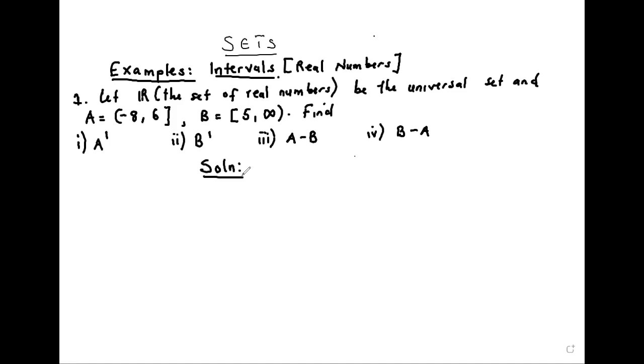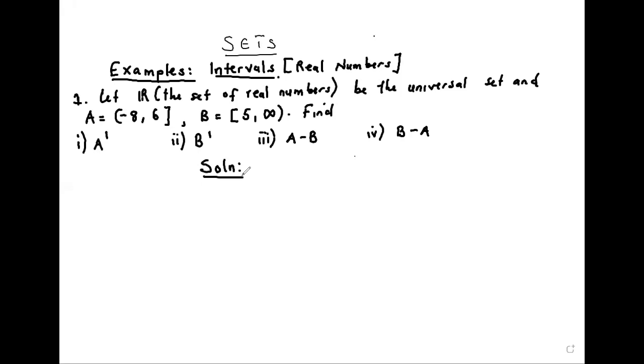We are told that R, the set of real numbers, is acting as the universal set for sets A and B. You can only be asked to find the complement of a set if you are given the universal set.